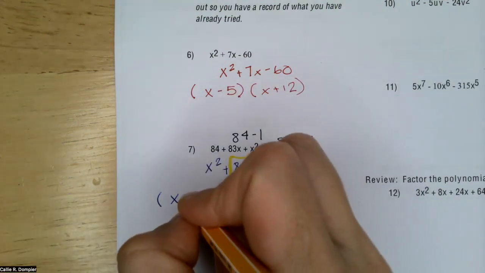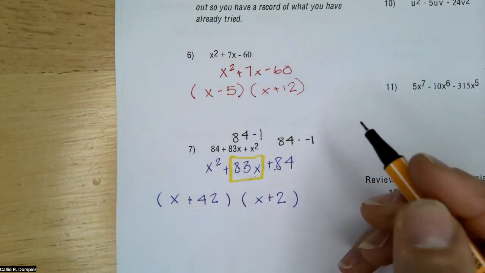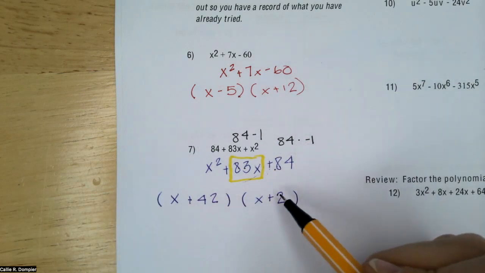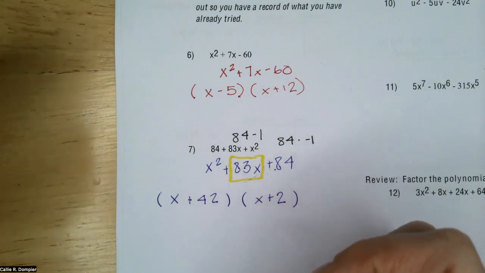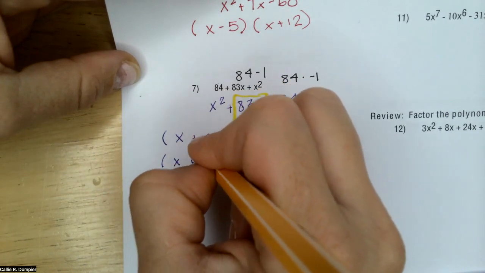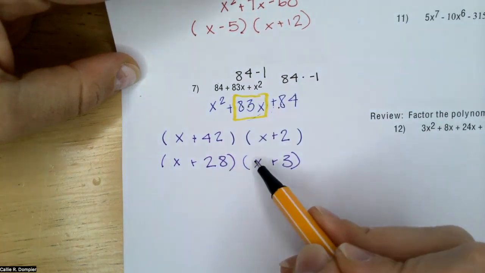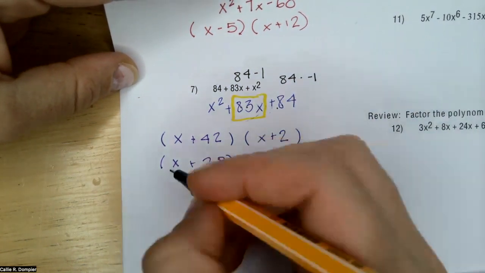So even if I said plus 42 plus 2, that one's not going to work because 42x and 2x don't equal 83. I said it was 28 and 3, 28x and 3x do not equal 83.